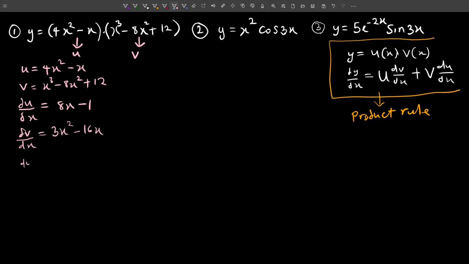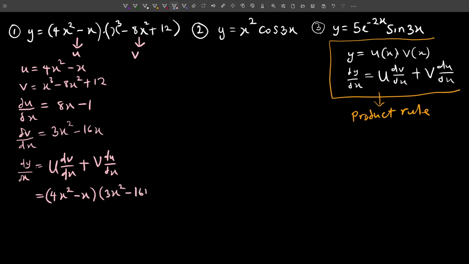All right, so applying product rule, we know that dy/dx is equal to u dv/dx plus v du/dx. So that is u in my question. My u is 4x squared minus x. And what is dv/dx? dv/dx is 3x squared minus 16x.